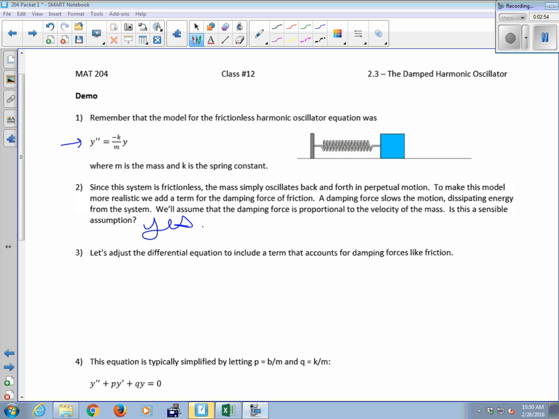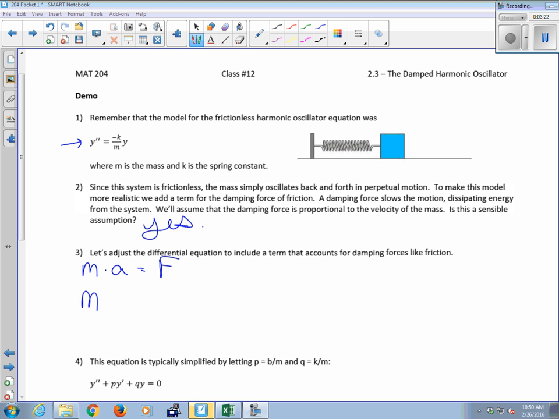Start with this guy, but multiply both sides by m. It's just m y double prime equals negative k y. Right, because mass times acceleration equals force. This is how we derived the original. Mass times acceleration equals force. This is how we derived the differential equation for the undamped harmonic oscillator.